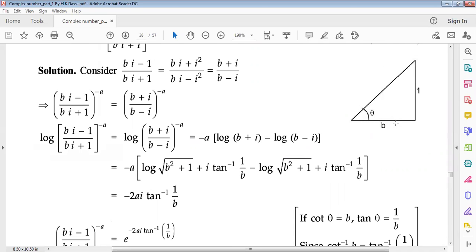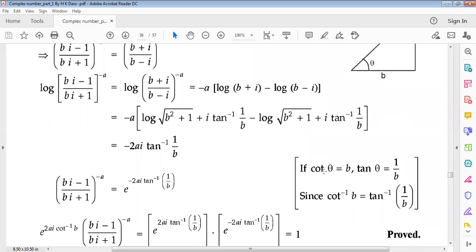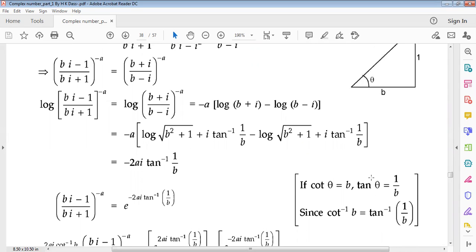Here b equals the base and 1 equals the perpendicular, and the angle will be theta. So if cot theta equals b, then tan theta will be 1 by b. If theta is cot inverse b, then it is tan inverse 1 by b. Using this, we can write this from the triangle.